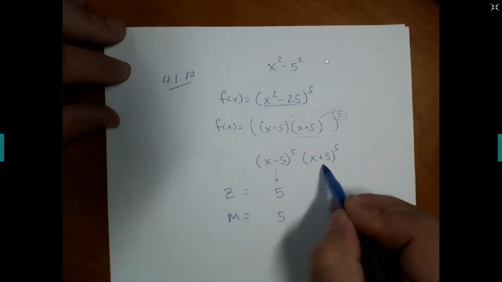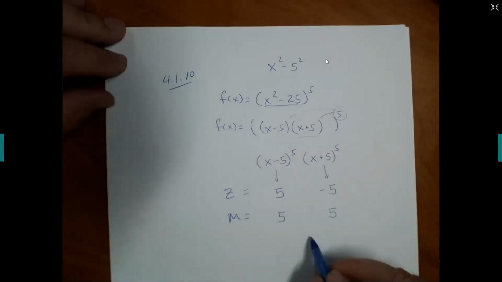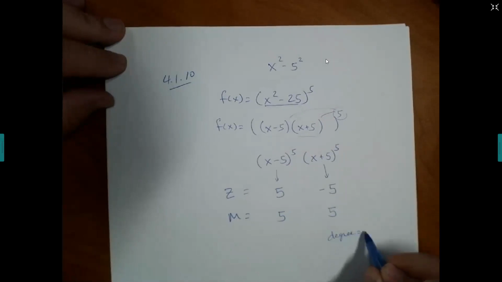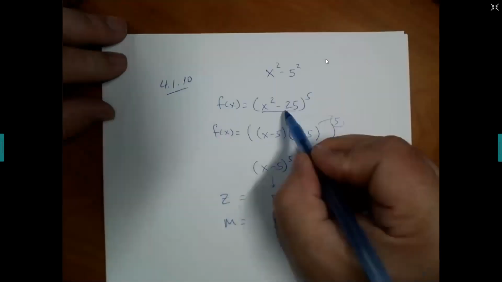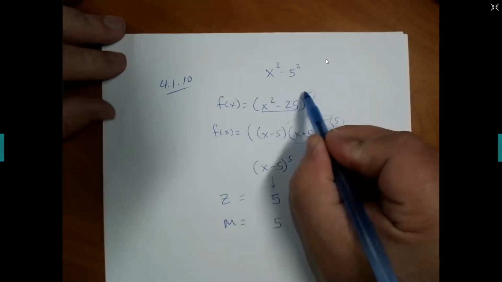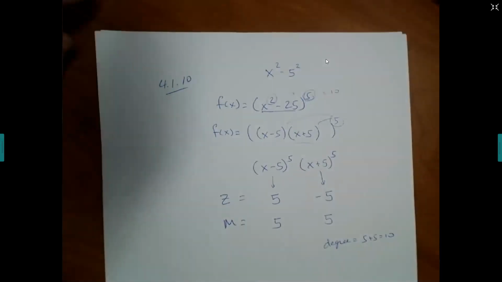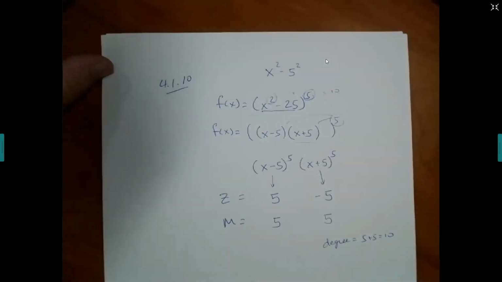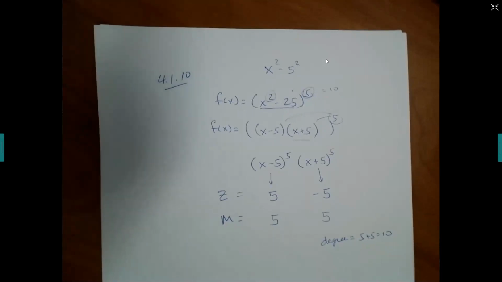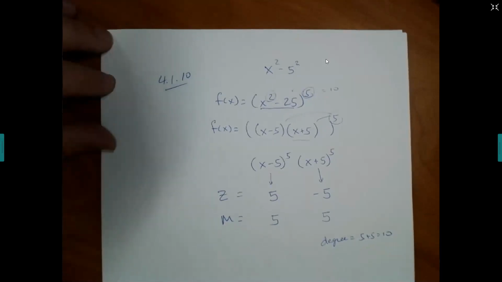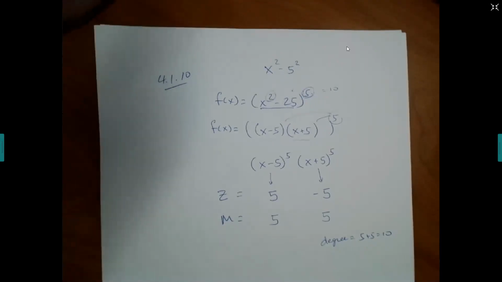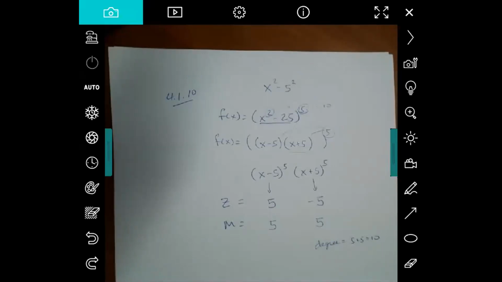And so the degree is 10. And we could see that from here. This exponent times the highest will give us a degree of 10. So whenever you have a power inside and a power outside, you multiply them. So that's how it works out. So always look to see if you can do anything inside the parenthesis first.